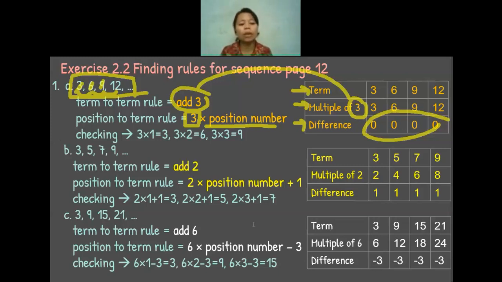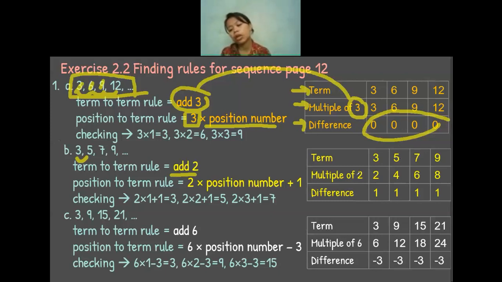For question B, same, we have to find the term to term rule. So find the difference from 3 to 5. It will be add 2. 5 to 7 also add 2. 7 to 9 also add 2. So later, when we make the table, we have the terms, multiple of 2, and also the difference. The terms are 3, 5, 7, and 9.